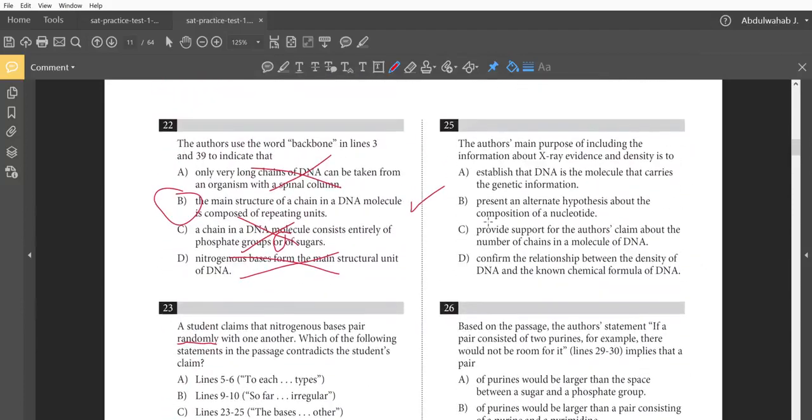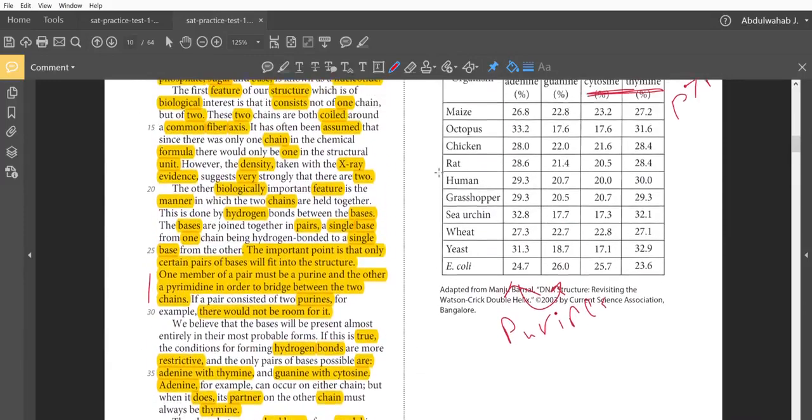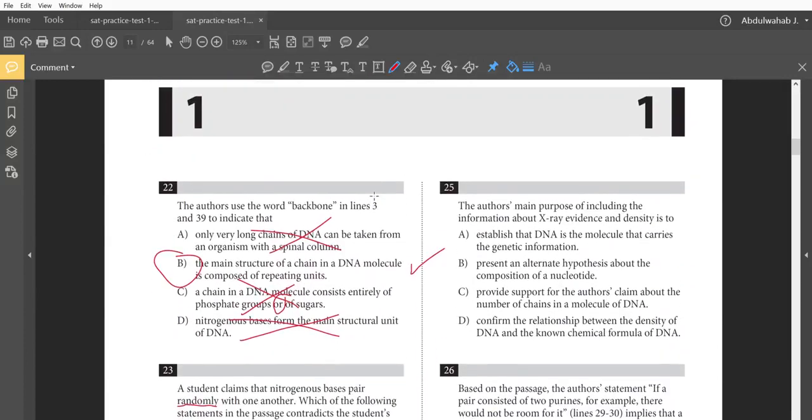The author's main purpose of including the information about X-ray evidence and density is to, let's go back again to see why this evidence was used. It has often been assumed that since there was only one chain in the chemical formula, there would be only one in the structural unit. However, the density taken with the X-ray evidence suggests very strongly that there are two chains. So they used the X-ray evidence to show that there are actually two chains within the DNA molecule.